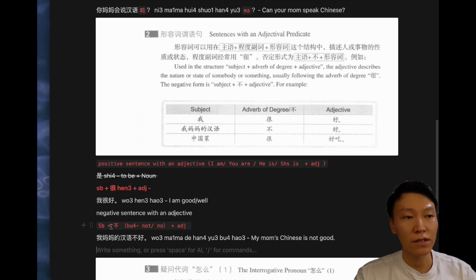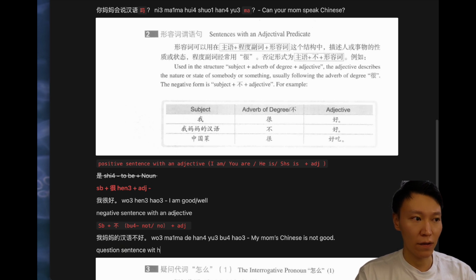Alright, so this is in a negative structure. Okay, what if it's a question? Yeah, what if it's an interrogative sentence, which means a question? It's also, we don't use 很, we can just put a 吗. Yeah, a 吗. So this is a question sentence, yeah, with an adjective.